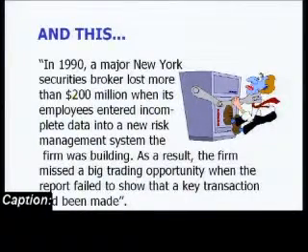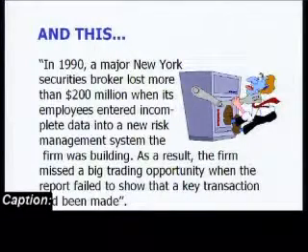And this, in 1990, a major New York securities broker lost more than $200 million when its employees entered incomplete data into a new risk management system the firm was building.